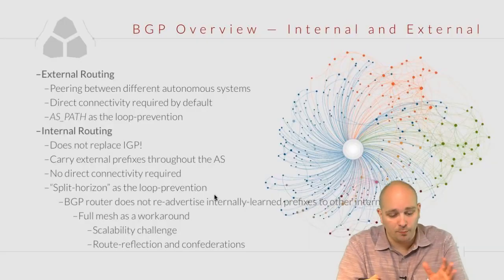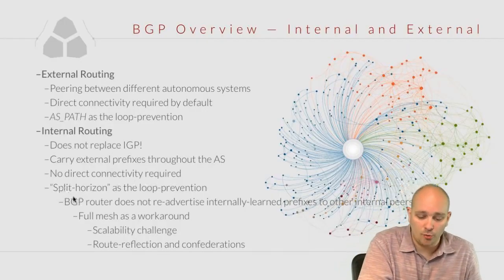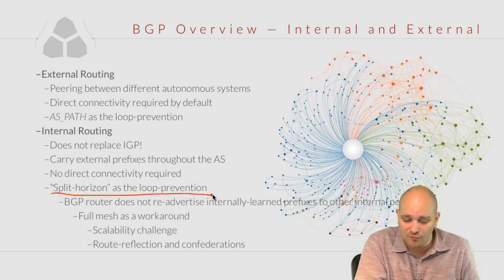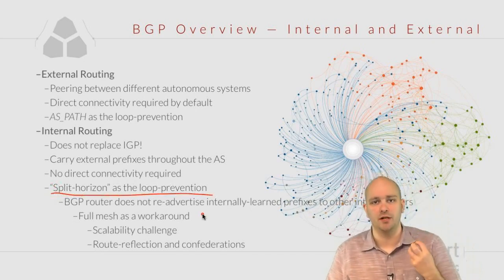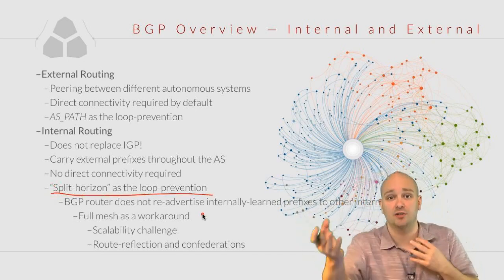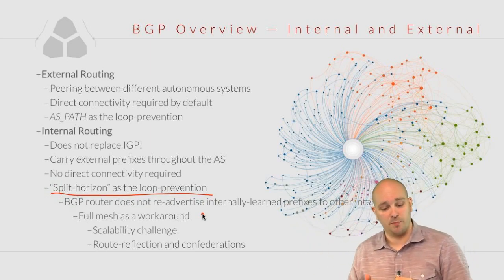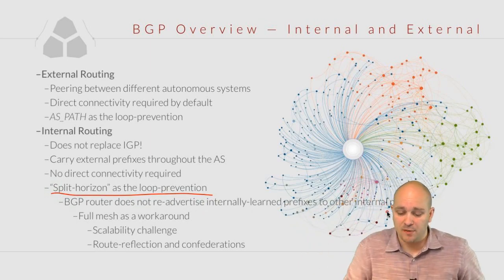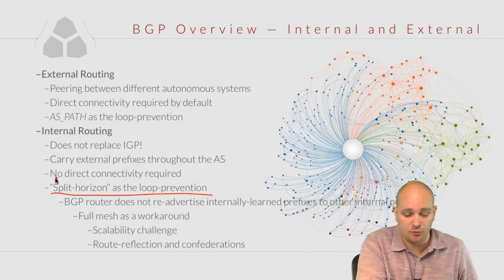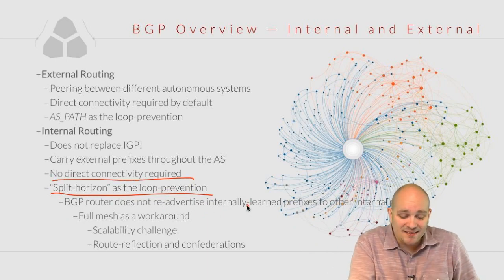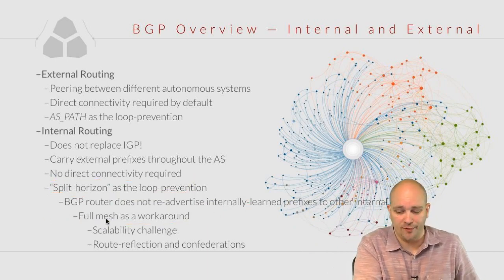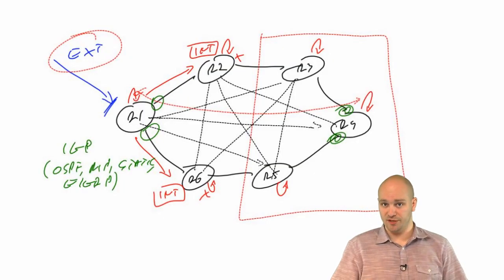So for internal BGP peering rules, we know that there is going to be this kind of a split horizon. If you have learned from an internal peer, don't re-advertise the route to another internal peer. We don't need to have direct connectivity between the neighbors, and we have a full mesh as a workaround. But there is a problem with using full mesh.